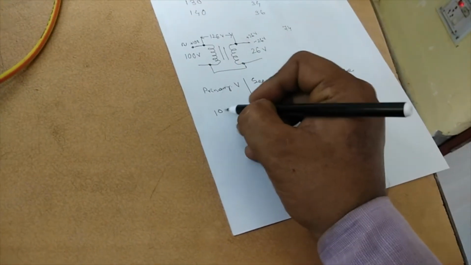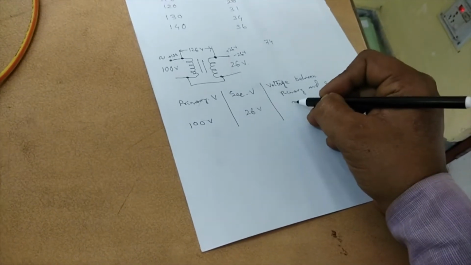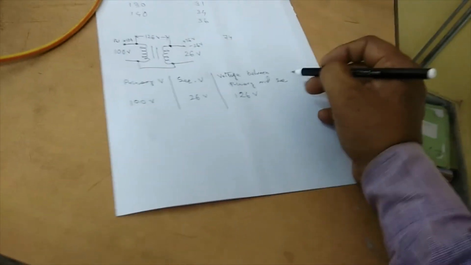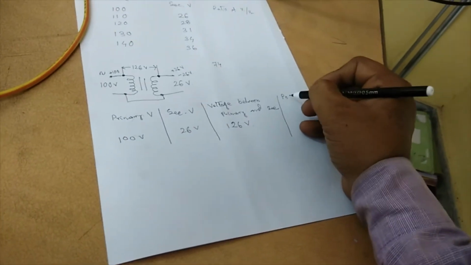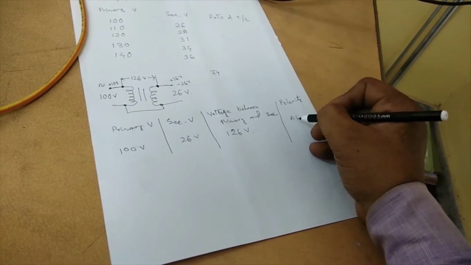This was 100 volt, this was 26 volt, and this was 126 volt. So the polarity was additive.